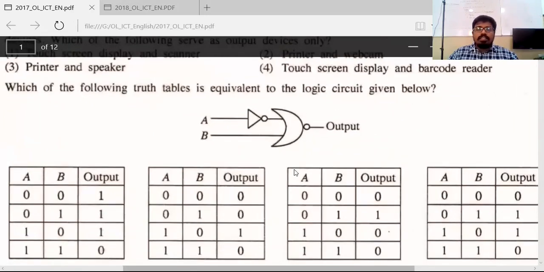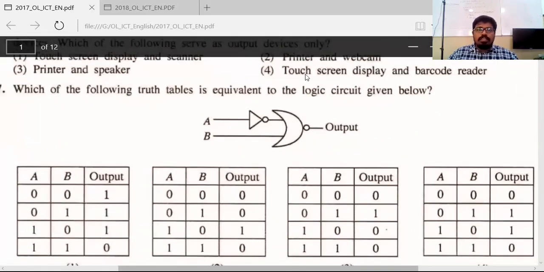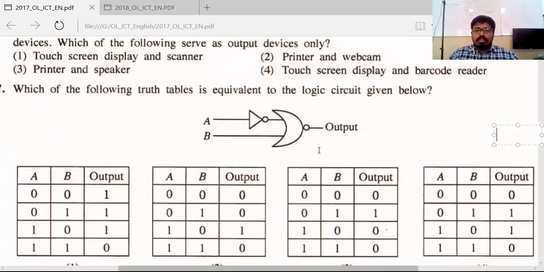So in this case, the output will be X equals A bar. Here it is A bar. It's an OR gate, so A bar plus B. In front of that one, there is a not.